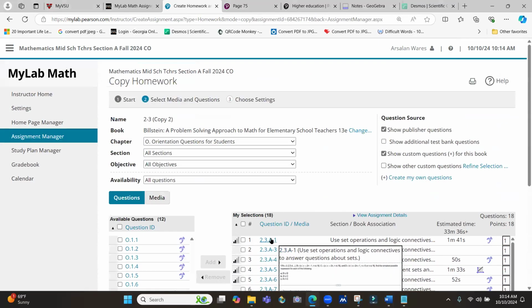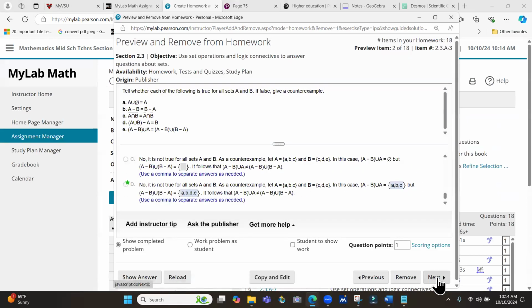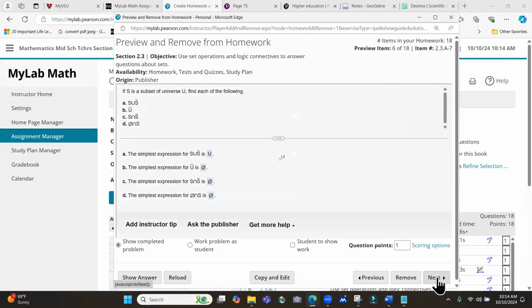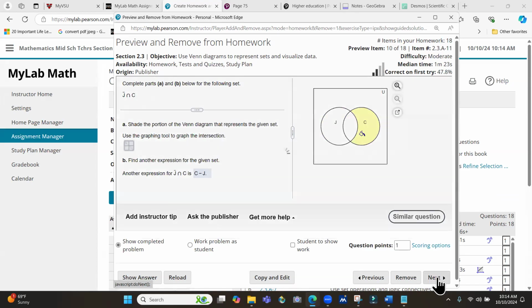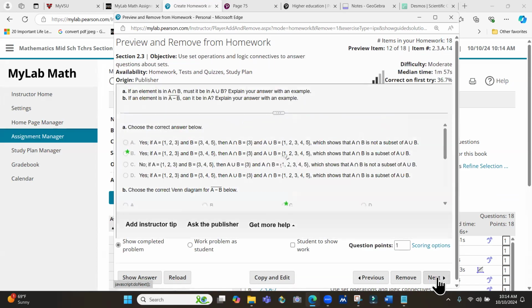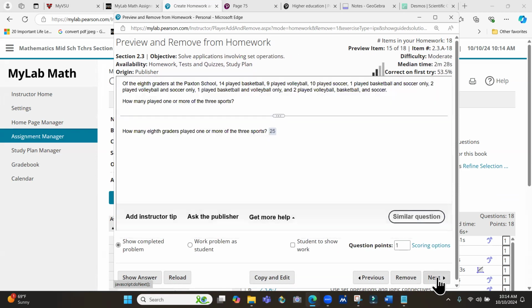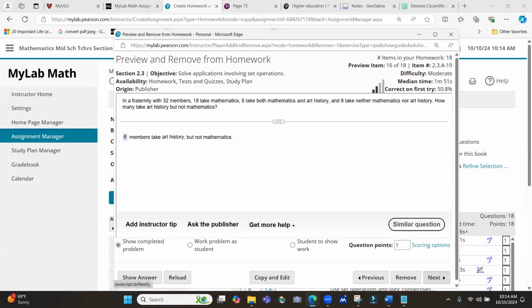Let's see. So these are the ones that we have been assigned, and you should be able to do them as well. There should be some word problems right here. We did one with basketball and baseball, very similar to that. We have done one with fraternity math and history or biology. It's history here, same thing.